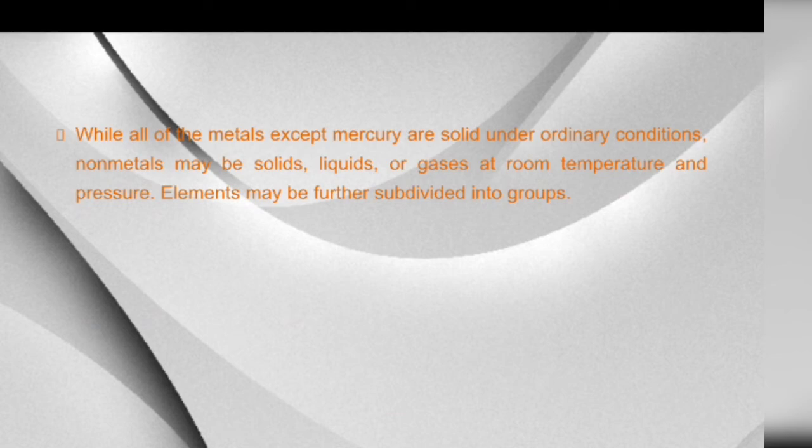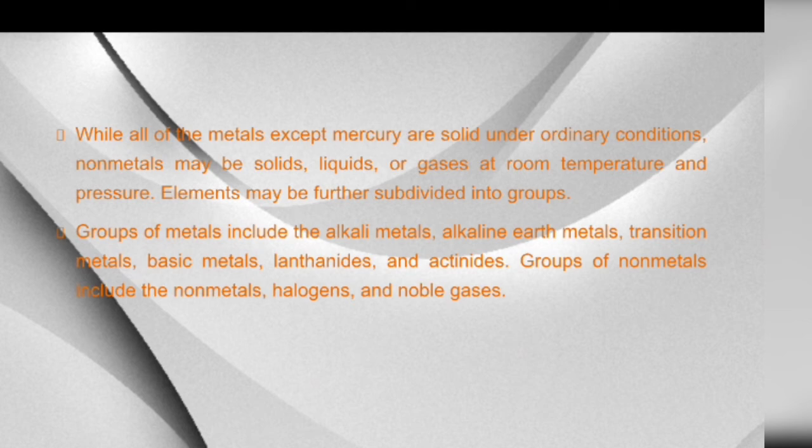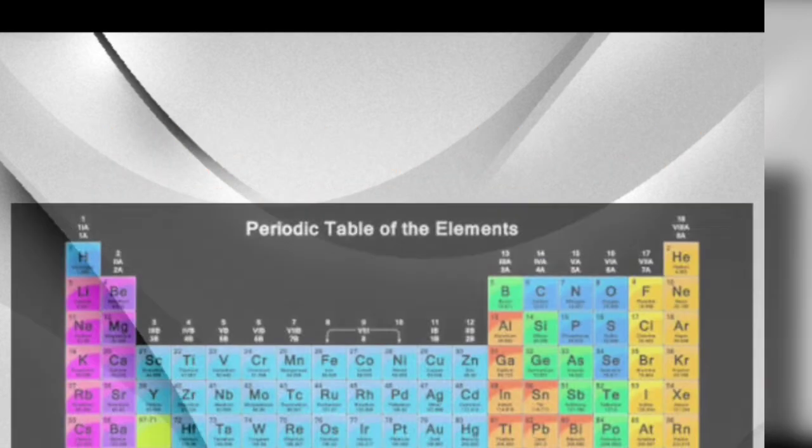While all of the metals except mercury are solid under ordinary conditions, non-metals may be solid, liquid or gases at room temperature and pressure. Elements may be further subdivided into groups. Groups of metals include the alkali metals, alkaline earth metals, transition metals, basic metals, lanthanides and actinides. Groups of non-metals include the non-metals, halogens and noble gases.